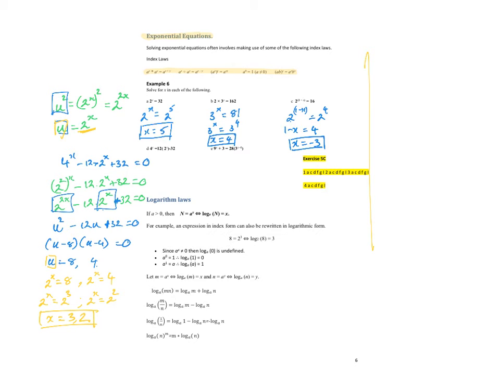Let's do something similar for E. So what have we got? Let's get it all on the one side. So we've got 9 to the x minus 28 times 3 to the x minus 1 plus 3 is equal to 0.